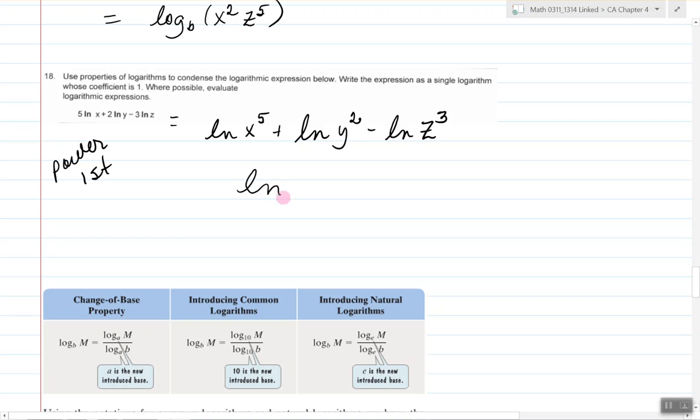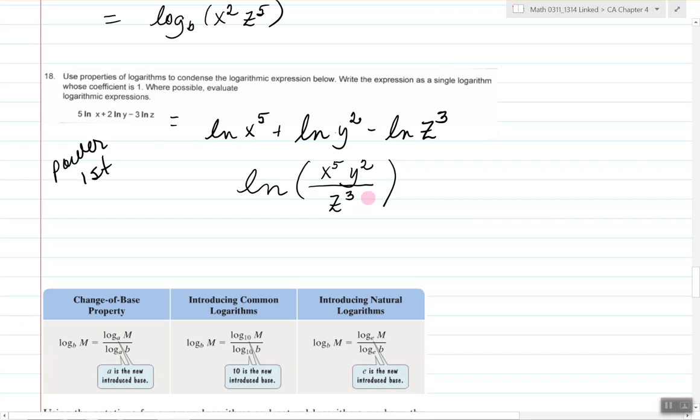This will become a single logarithm. That's your goal when you're condensing. What will go as the argument? You'll have an x to the 5th, y to the 2nd on top because they're products. They're positive, so they become part of the product. Because this one is minus, it is a z to the 3rd. If I had another minus, it would go down here with this one.